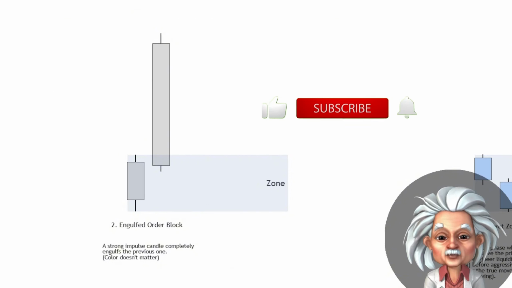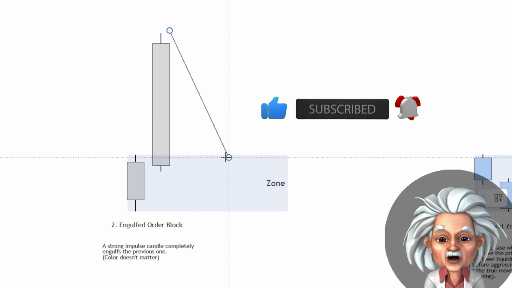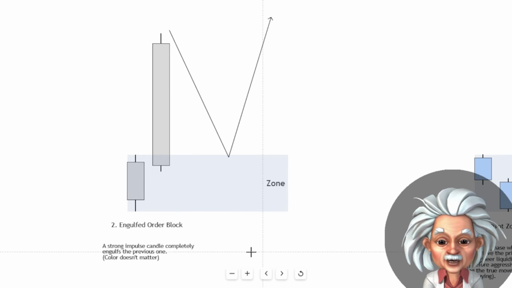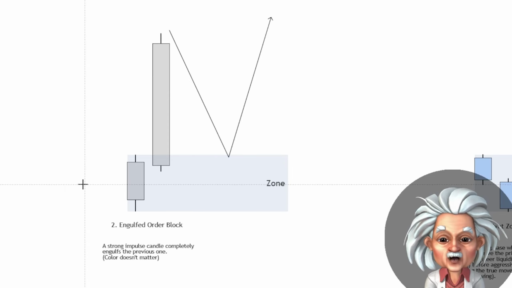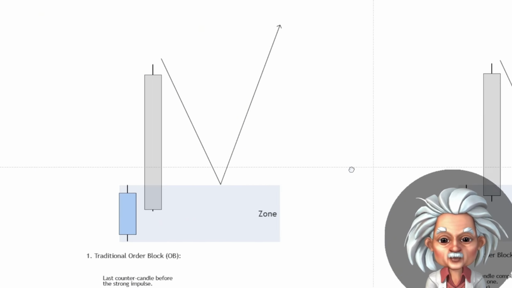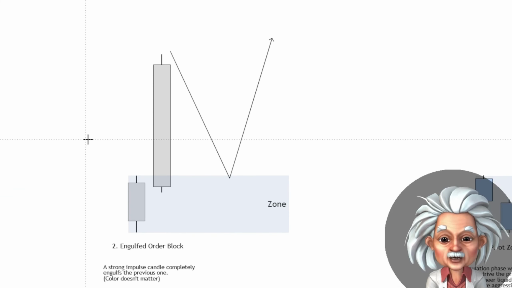And the idea is that the price will return back to this level and then probably move further to the upside. This is basically a strong impulse candle completely engulfing the previous candle. And in this case, the color doesn't matter. It's basically the same as the last one, but here it doesn't have to be the opposite color.